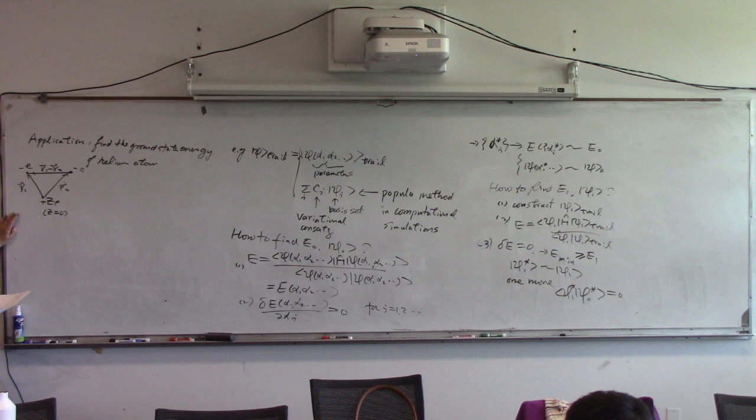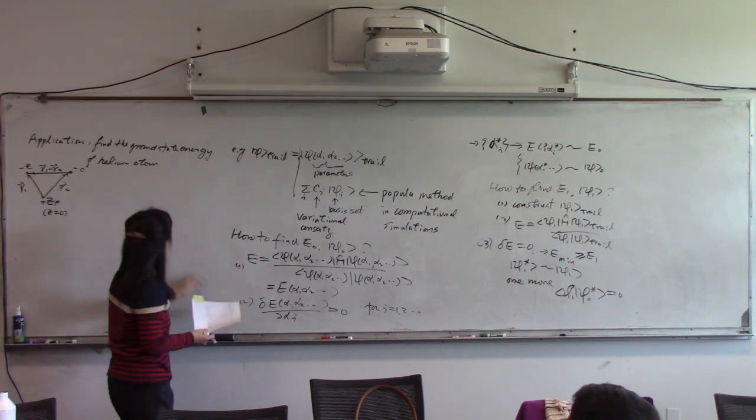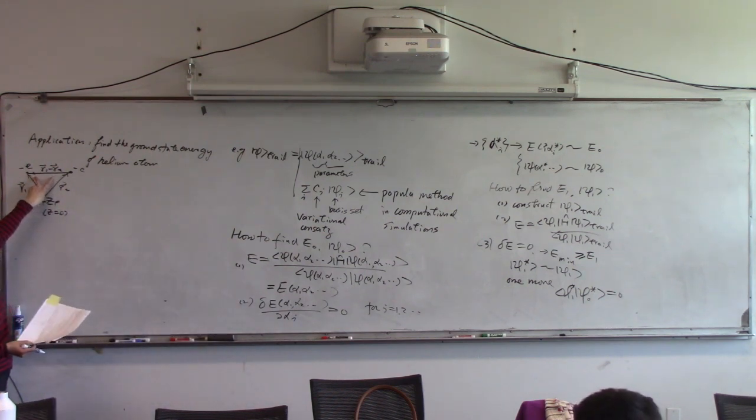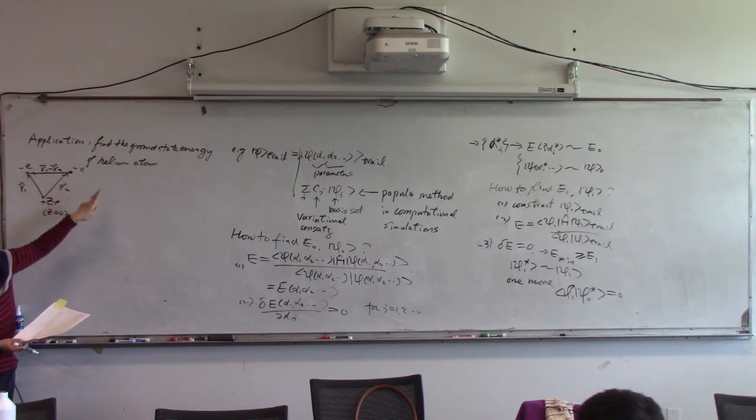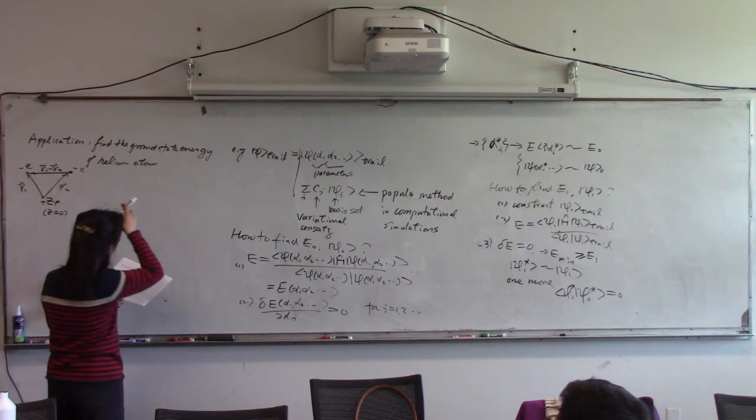So you can see the difficulty here: we have an additional difficulty. If there were only one electron, a hydrogen-like atom, we could solve it very easily. But we have the additional difficulty of the interaction between electron and electron. That's the interaction.